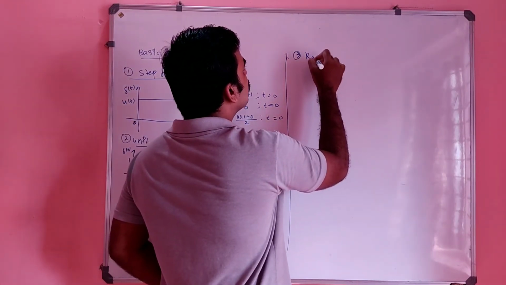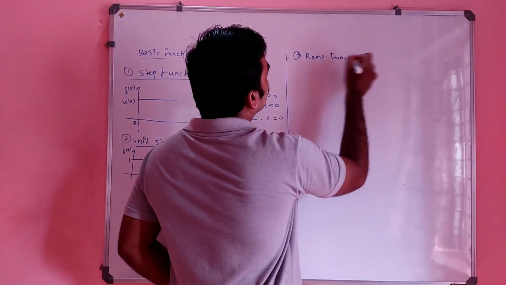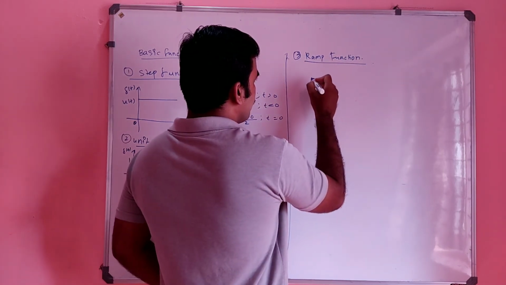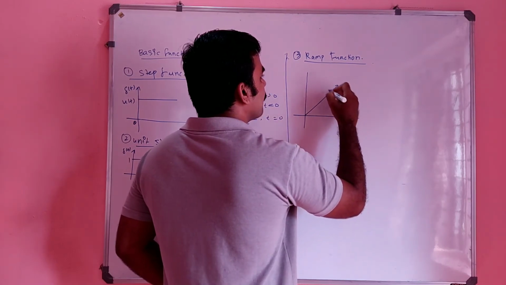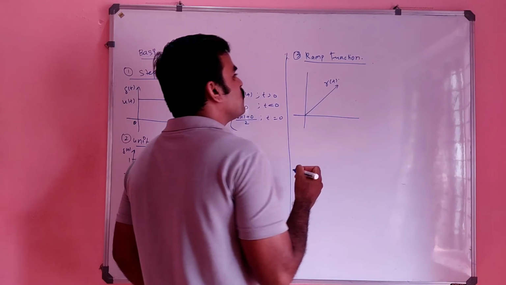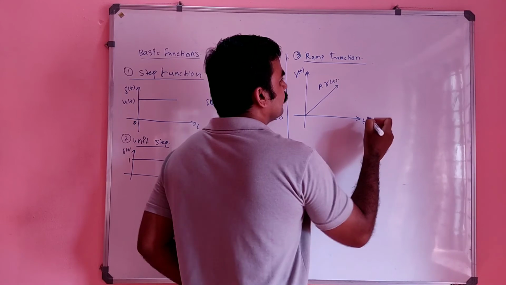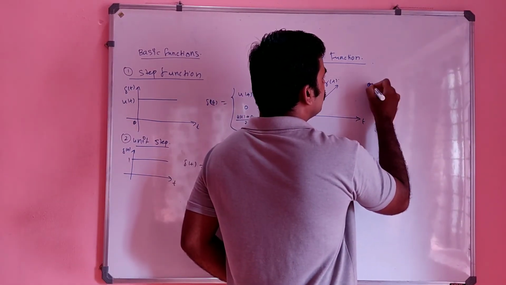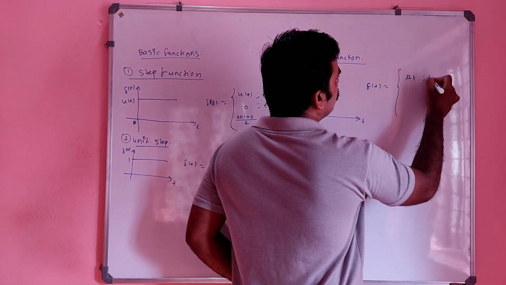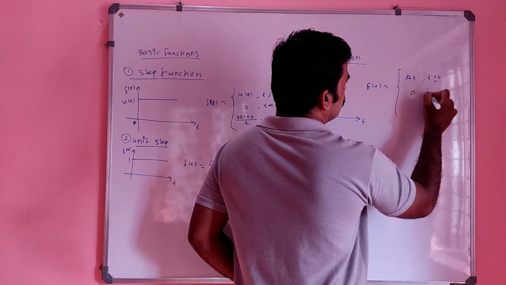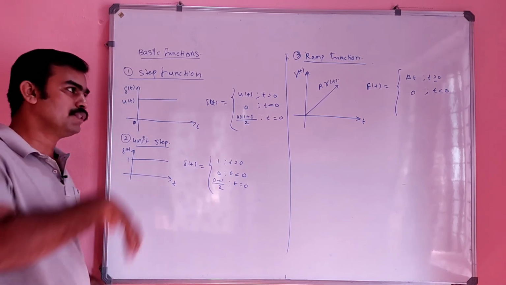Next we have to see the ramp function. If a function is represented by f of t equal to at for t greater than or equal to 0, and 0 for t less than 0, it is called a ramp function.